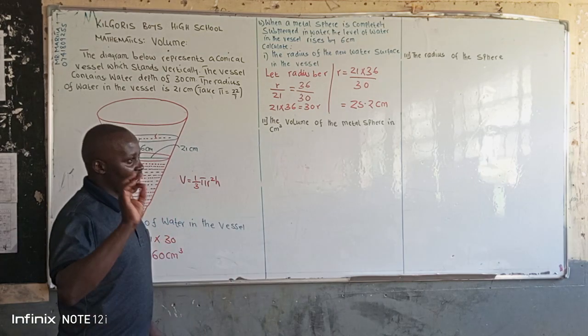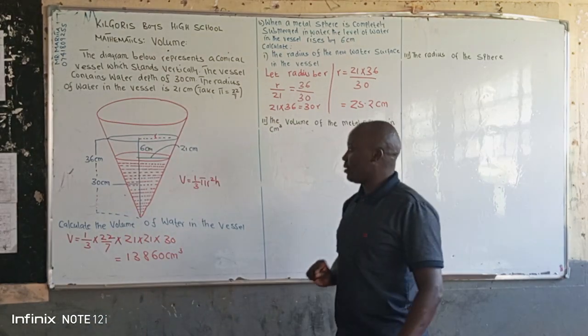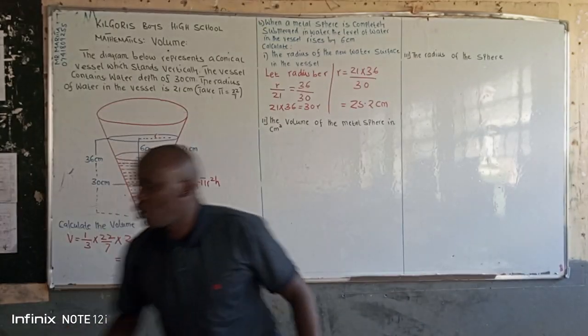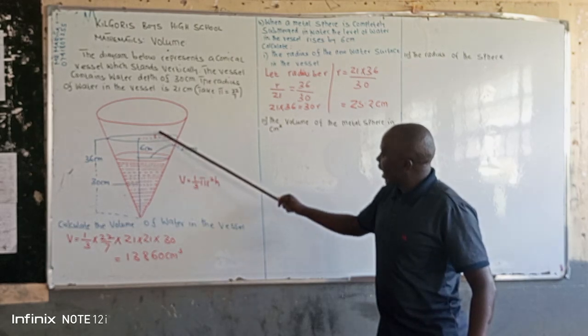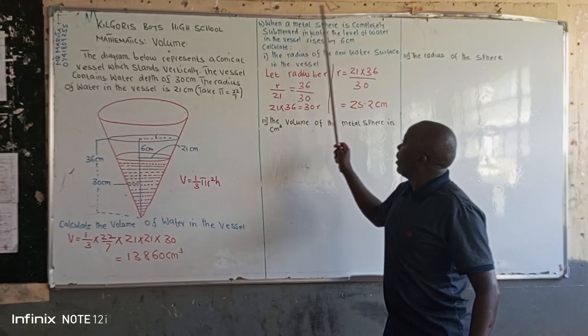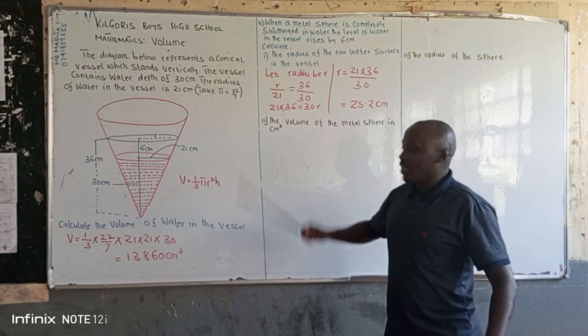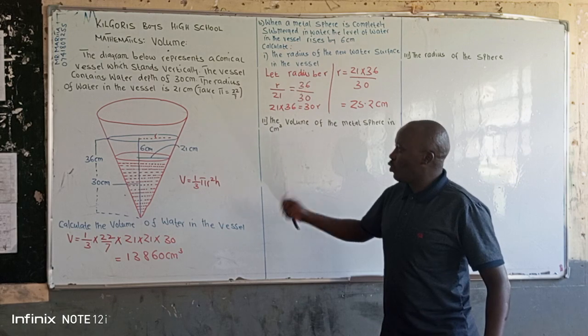So what do you need to understand here? You understand that there is similarity and enlargement, whereby when the mesosphere was submerged, the level of water rose by 6 centimeters and gave the new height of water.